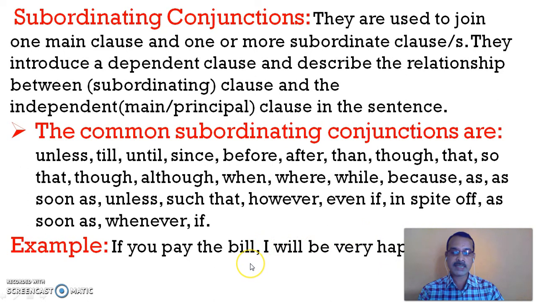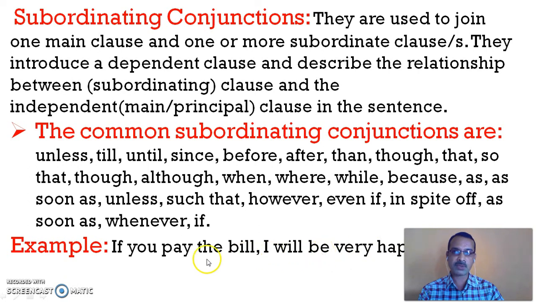Now let us discuss the difference between the subordinate clause and the main clause. I will explain first the main clause. Look at the main clause: I will be very happy. In this example, the sentence is complete in itself. The meaning of this sentence is complete and it is not dependent on any other clause.